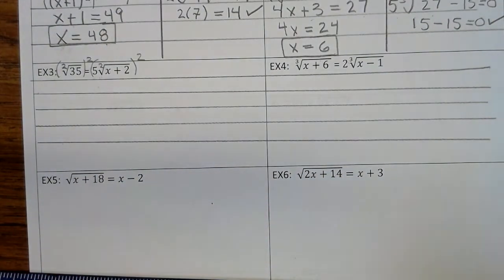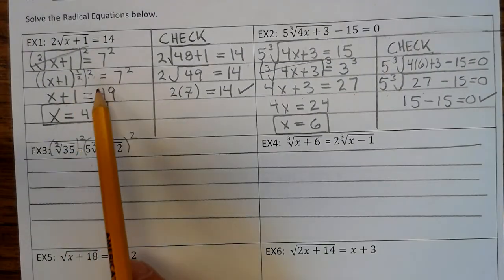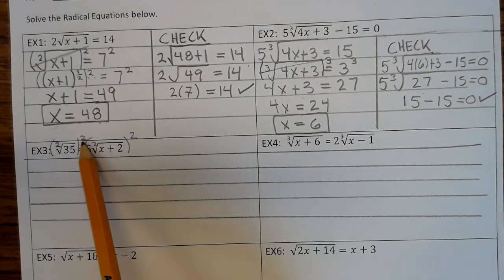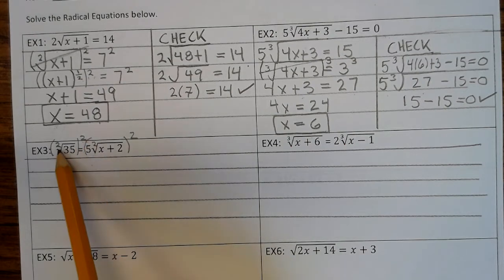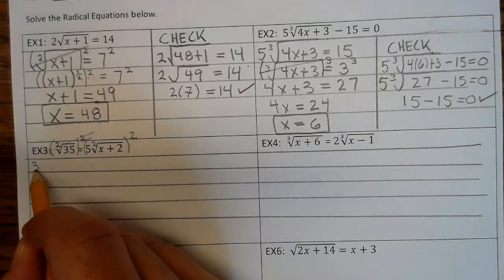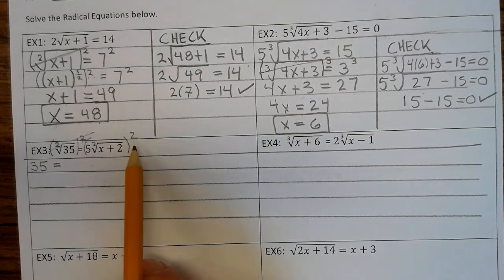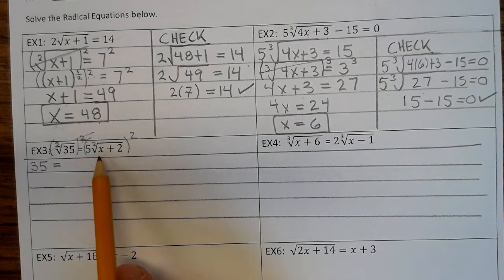All right, so as I showed you in example 1, when you raise an index by the same power, this becomes the power of 1. So that's 35 equals, now when you square something, you multiply it by itself twice.